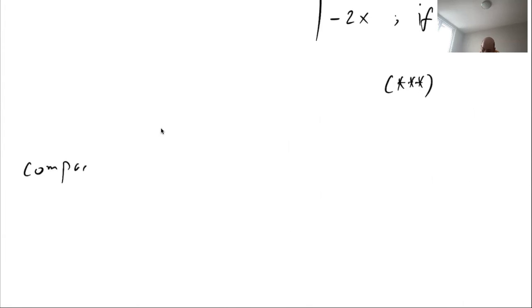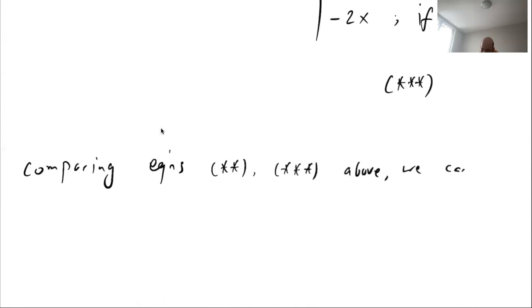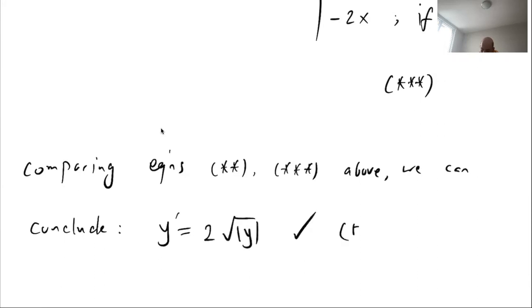Comparing equations 2 star and 3 star above, we can conclude that y prime is equal to 2 root absolute value y, for y equals x squared if x is bigger than or equal to 0, minus x squared if x is less than 0.